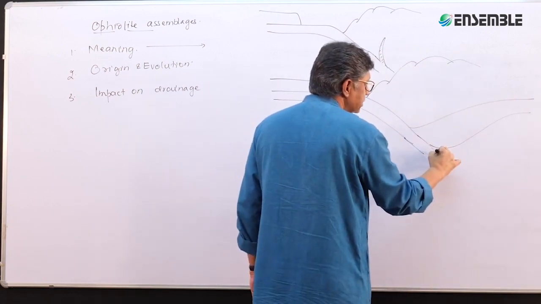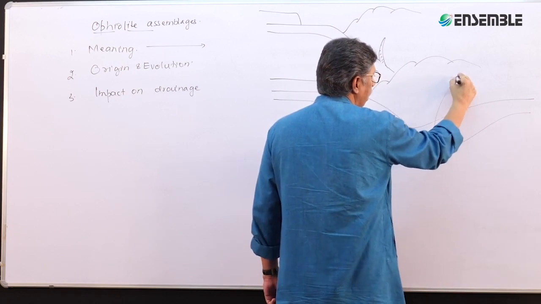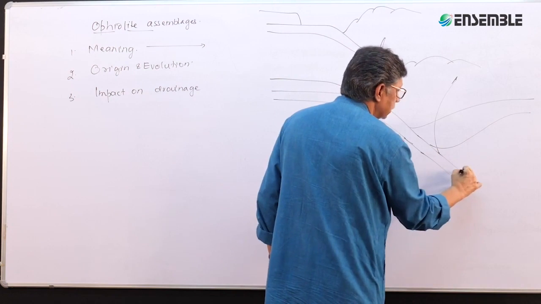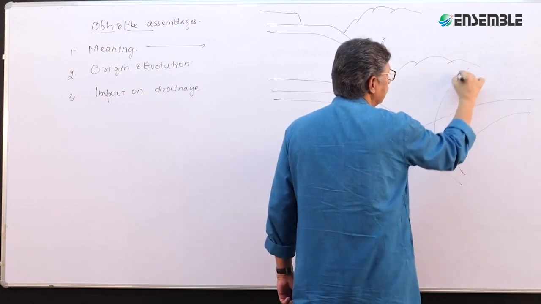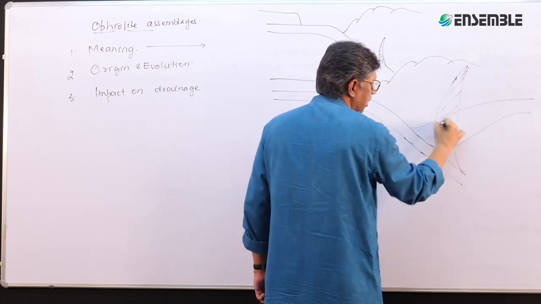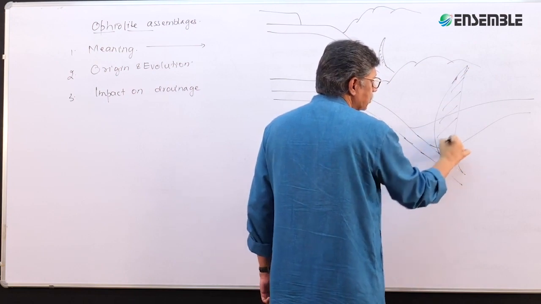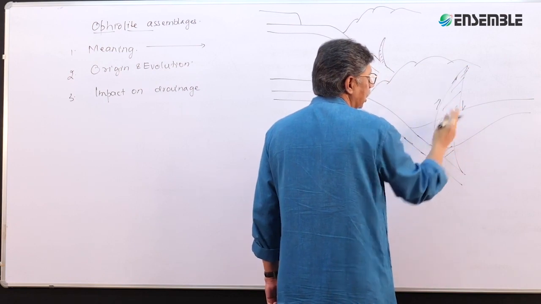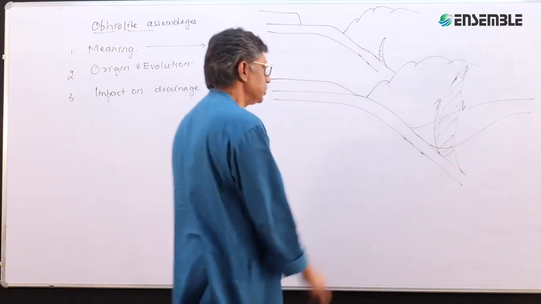And then again this scrap portion was moving upward. That is the way it was moving upward. This was the scrap portion. Now, as it was moving upward, it was leading to the formation of a fault. All along this zone, it was leading to the formation of a fault.